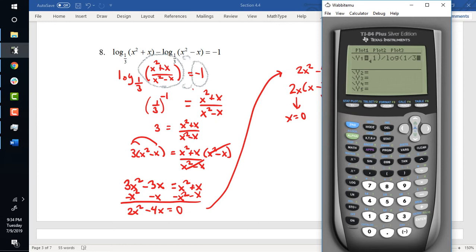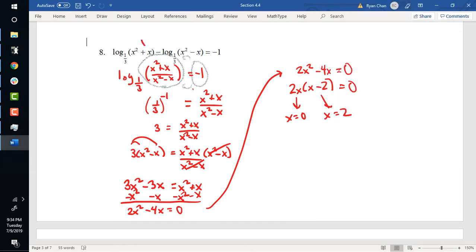I want to see kind of where my domain is. Surprisingly enough, it actually looks like it's all real. So this one is negative infinity to infinity.